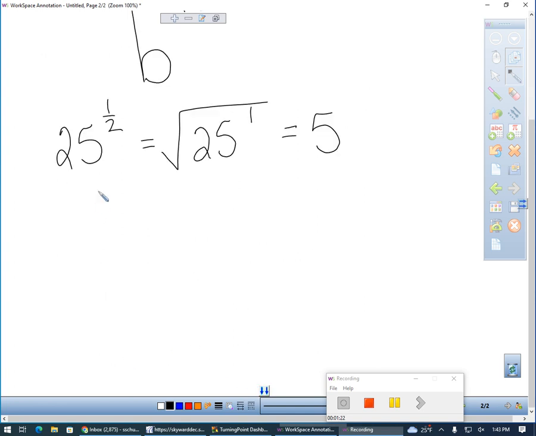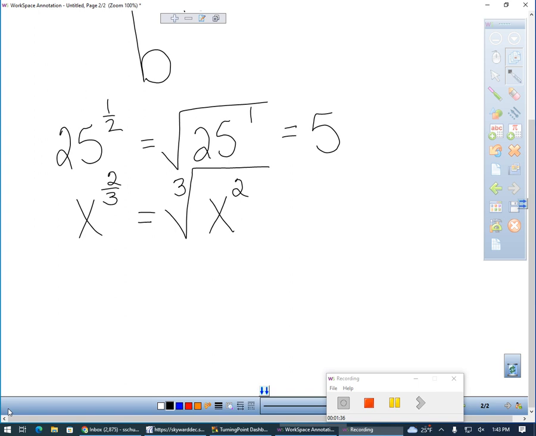Or if I have x to the 2/3 power, that means I have x to the power of 2 inside a cube root. That's what that means. Now, part of today is remembering some of your exponent rules.